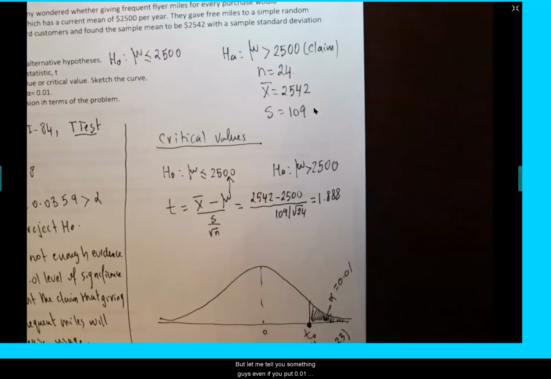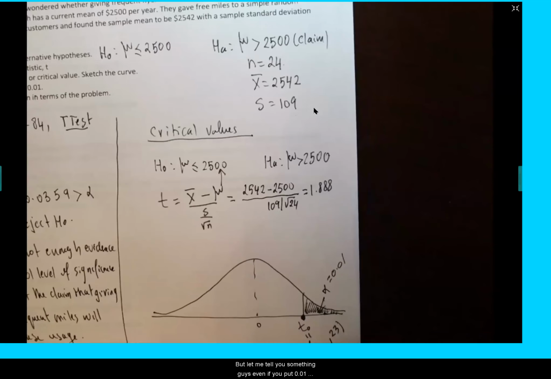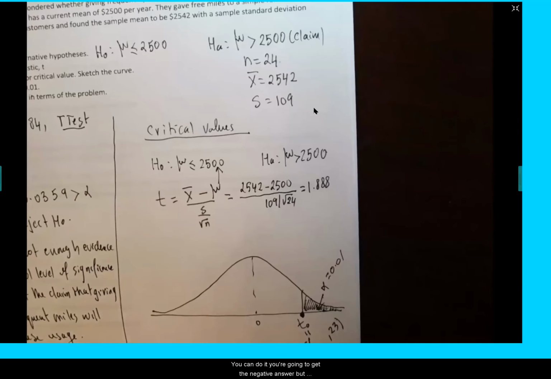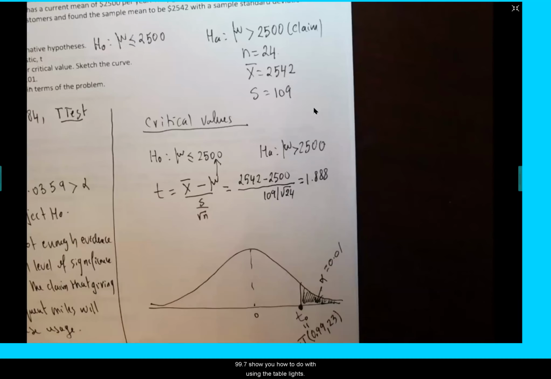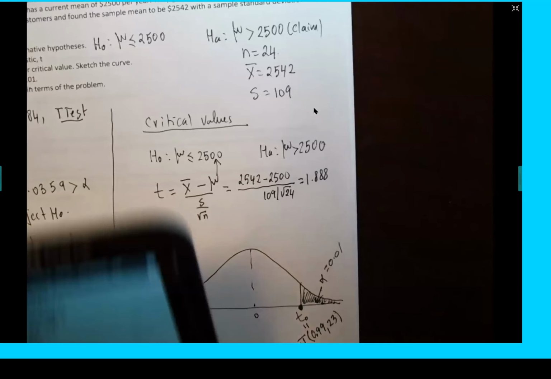But let me tell you something, guys. Even if you put 0.01 here, it's okay. You're going to get a negative answer, but you know you can't have a negative answer because you're on the right of 0, so you just switch it to positive. So 0.99, and let's do it. And I'm going to show you how to do it using the table as well. So let's find this inverse T. Let me just put the calculator here.